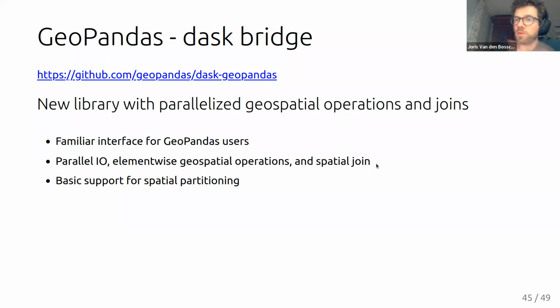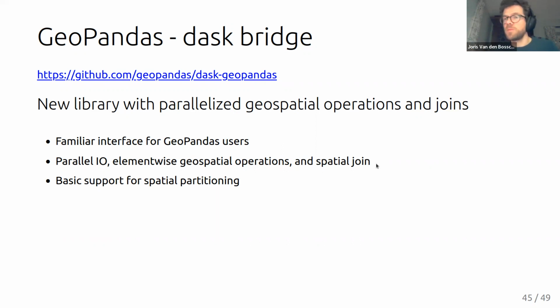Since Shapely 2.0 releases the GIL, you can actually make use of multi-threading also on your single core for those operations. We also have a basic spatial join. We don't yet have a parallel overlay. That's something we certainly want to work on in the future, but that's not yet available.